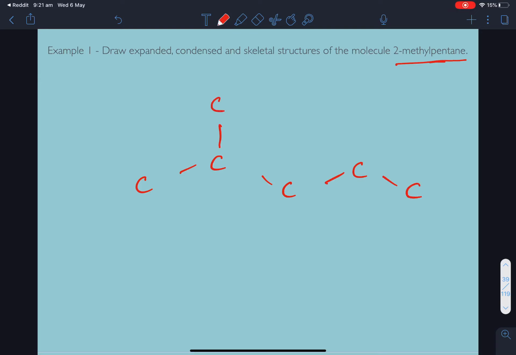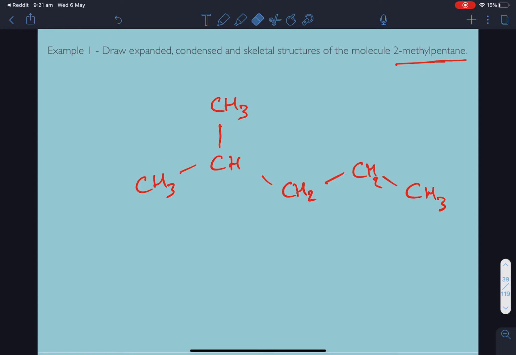I haven't got anything else. What I can do is, that's an end carbon, so CH3. That's an end carbon, so CH3. That carbon has 3 bonds, so it must only have 1 bond to a hydrogen. This one's a CH2 because it's in the middle of the chain, CH2, CH3. And now I've got my condensed structure.